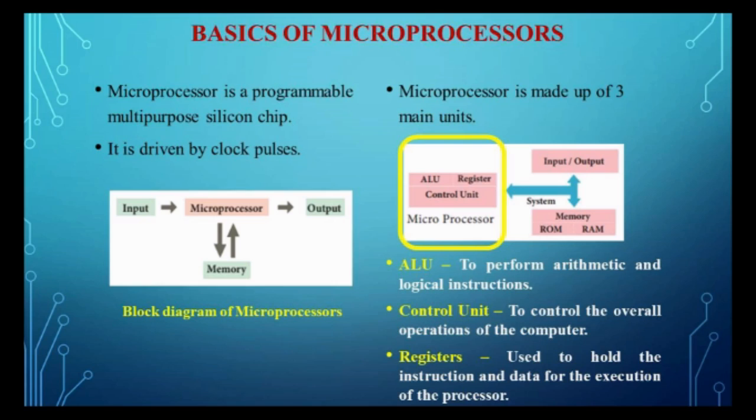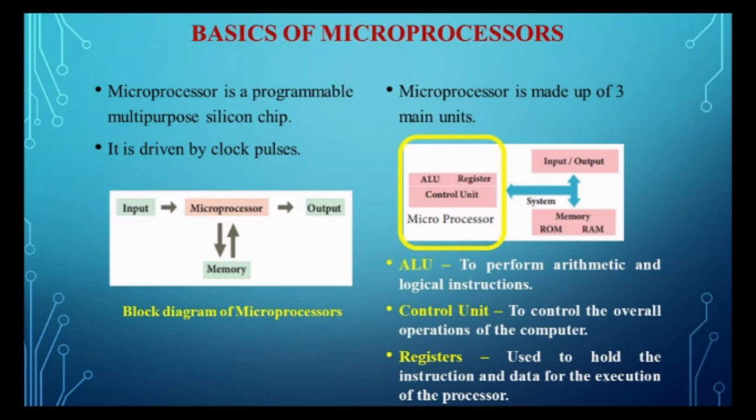A microprocessor is a programmable multipurpose silicon chip. It is mainly driven by clock pulses, so it has an inbuilt clock that ticks every second. The microprocessor carries out various processes and accepts input as binary data.